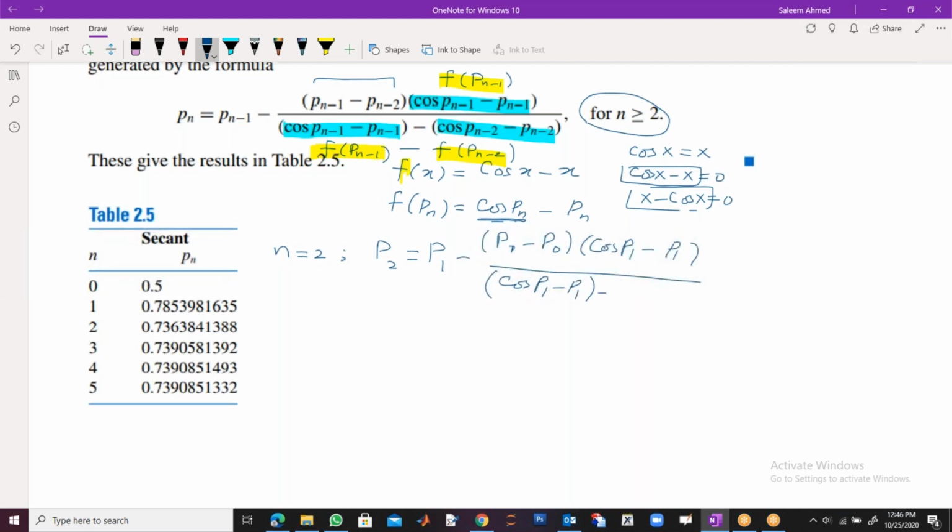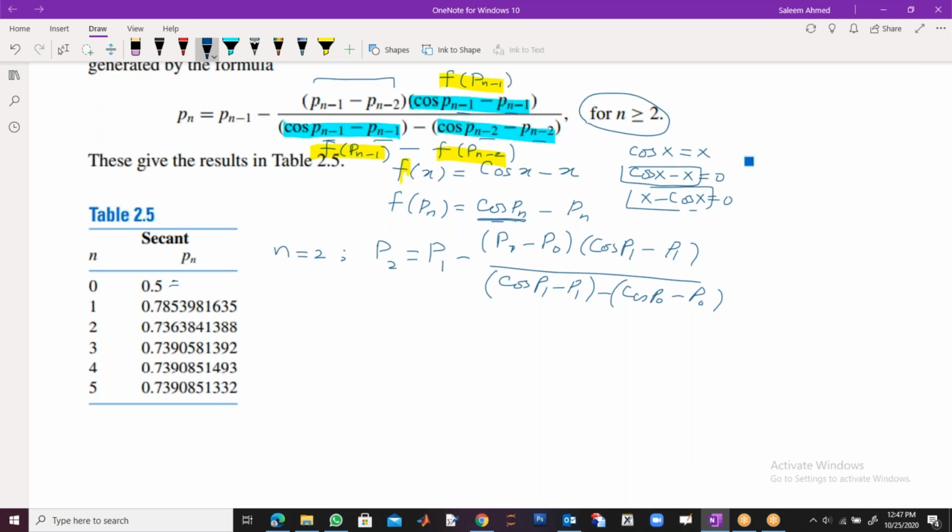This is f at P1 minus f at P0. So I got this for n is equal to 2. If I replace n is equal to 2, I got 0 here and 1 here.